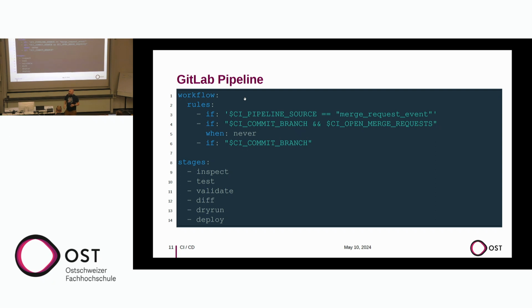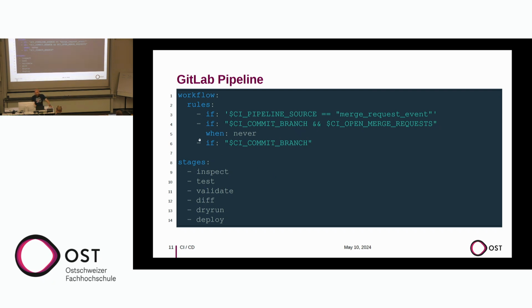So there is a way to have a general workflow rule set in the beginning, but also then for each stage or task we can then say I want to run this or not. There are conditions. Yeah, you have to also find the way.